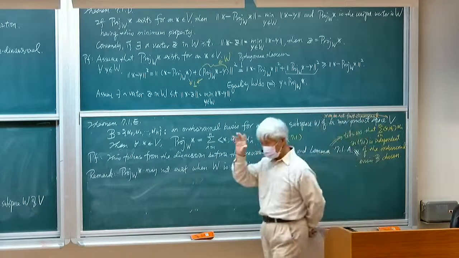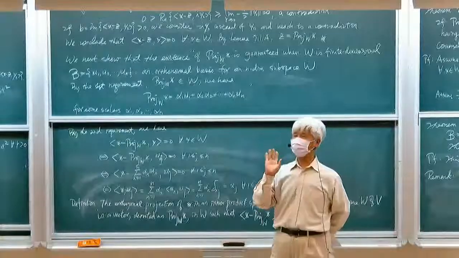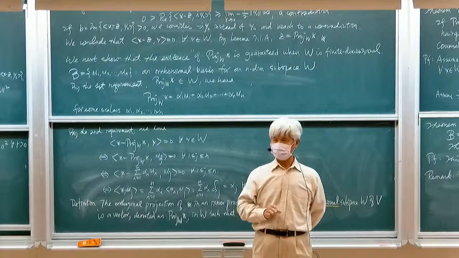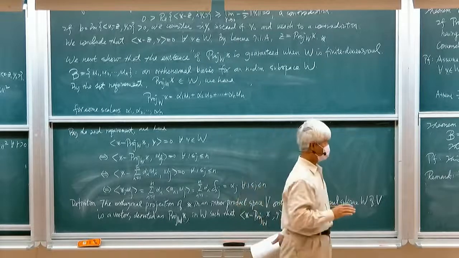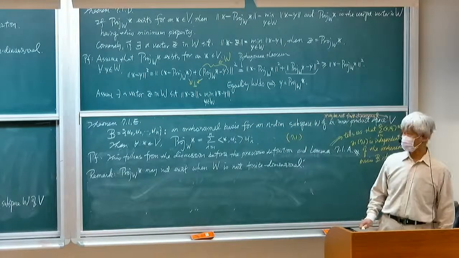So you have to put a condition on such a so-called infinite dimensional subspace, and the condition is called closed. But I don't want to get into that subject. Just a warning here.